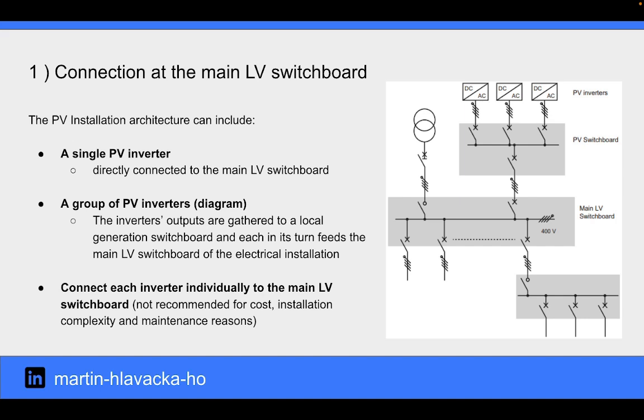The inverters' outputs are gathered to a local generation switchboard and each in its turn feeds the main LV switchboard of the electrical installation. Another possibility is to connect each inverter individually to the main LV switchboard, but this configuration is not recommended for cost, installation complexity, and maintenance reasons.